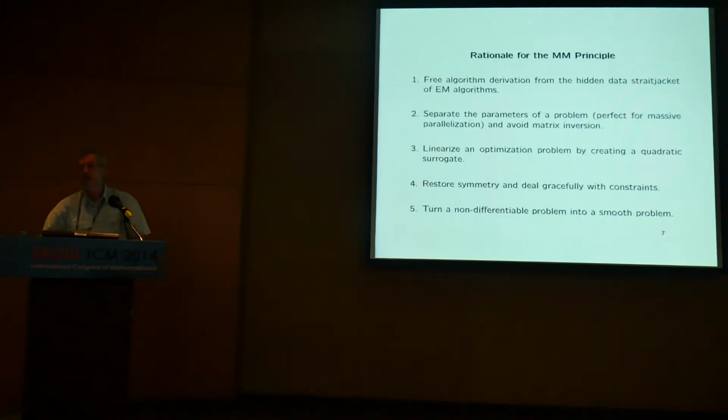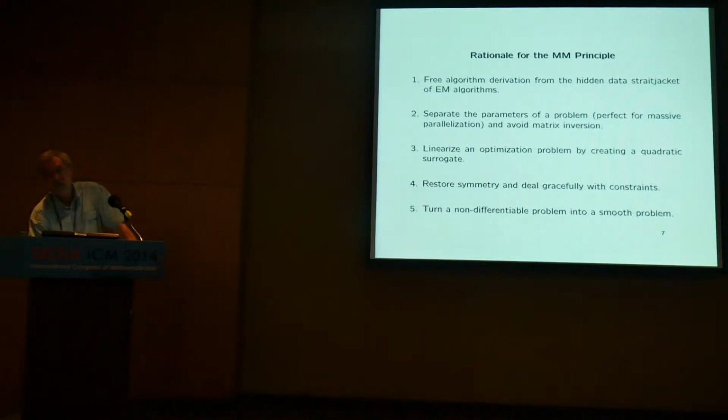Okay, so what are some of the reasons for using this principle for designing algorithms? Well, if you think of the EM context, EM stands for expectation maximization. It frees algorithm derivation from the hidden data straitjacket that's part of the EM algorithm. More importantly, you can separate the parameters of a problem and thereby avoid things like matrix inversions if you used Newton's method.